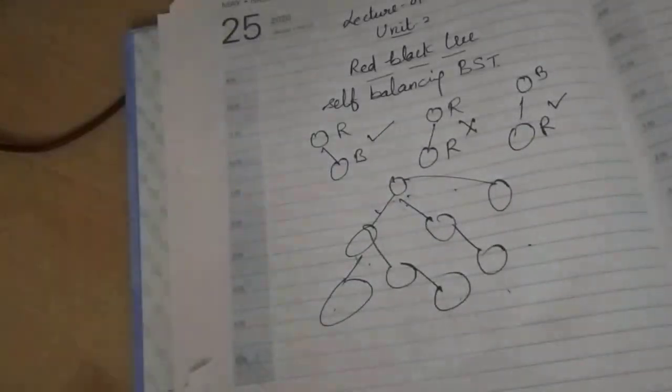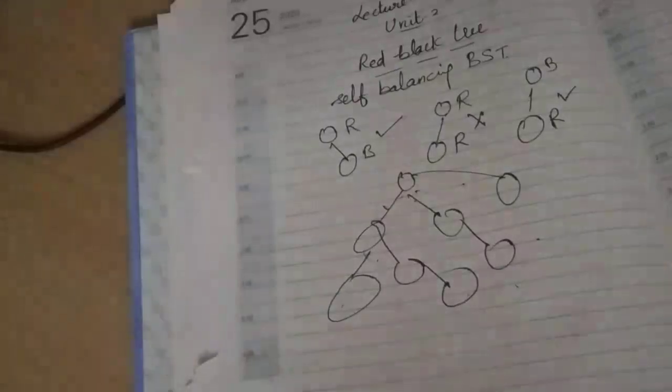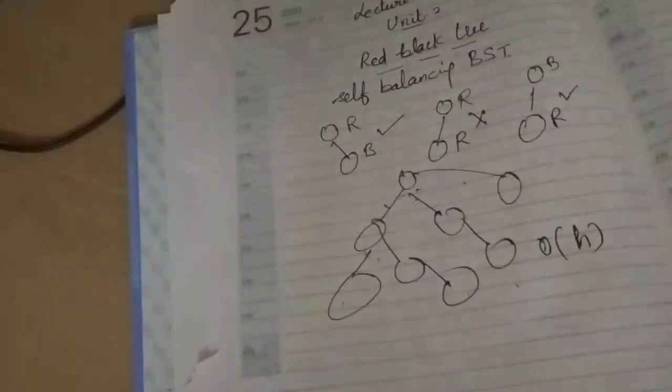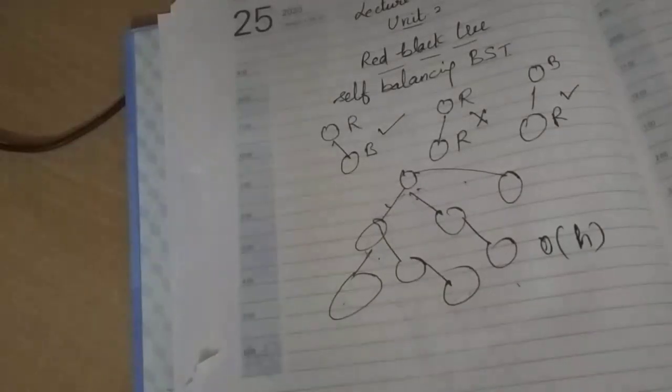So why do we learn about red black tree? Because most BST operations take O(H) time, where H is the height of the BST.